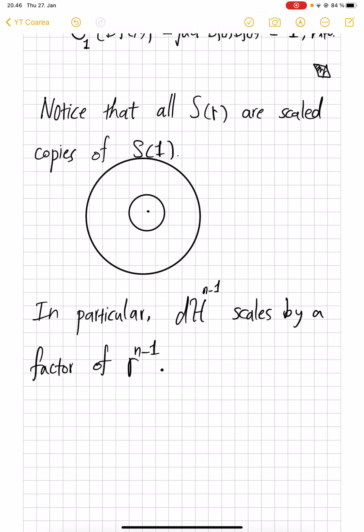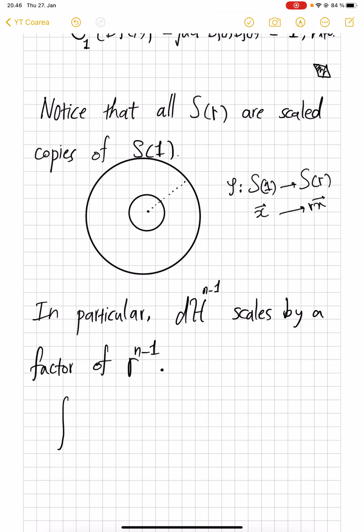The other way of justifying this will be that if you take a function phi which goes from the sphere of radius 1 to the sphere of radius r by just taking a vector x to the vector r times x, then we can use a change of variables for integration.